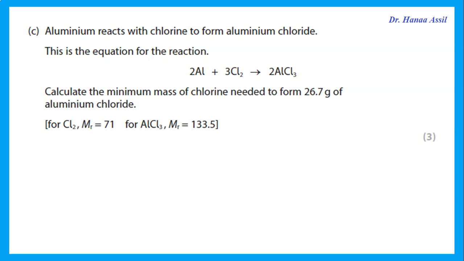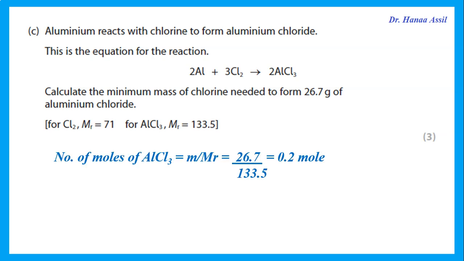What is the first thing we should do? When we are given a mass, I need to get the number of moles of aluminium chloride. Of course, number of moles is mass over molecular mass. So this gives 0.2 mole of aluminium chloride. Then we go to the equation and we relate the equation.